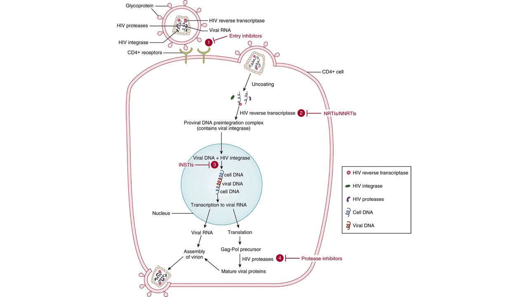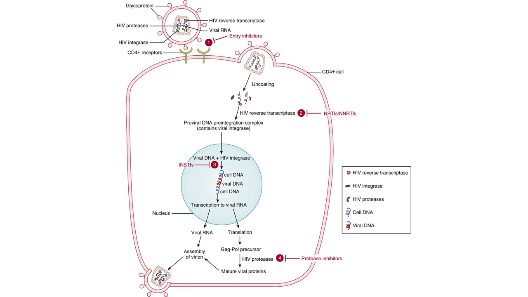So this is quite familiar, and this is similar with the general scheme of replication of viruses. First, HIV has to attach to the cell surface of the T cell or the macrophage, and this attachment is due to the presence of CD4 receptors in the cell surface of the T cell and its interaction with glycoprotein 120.